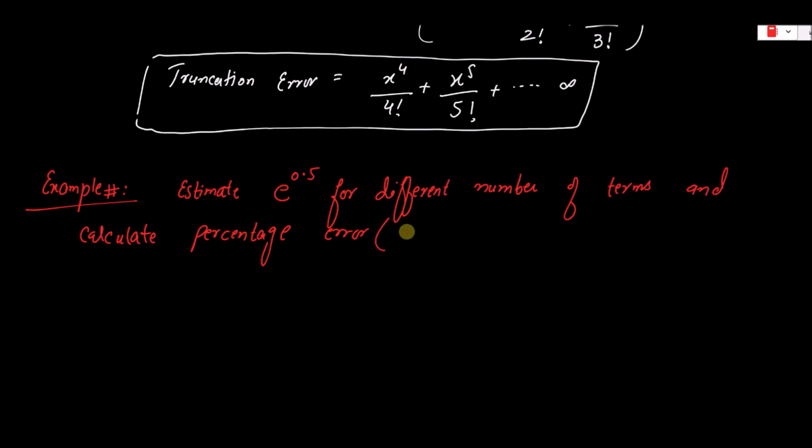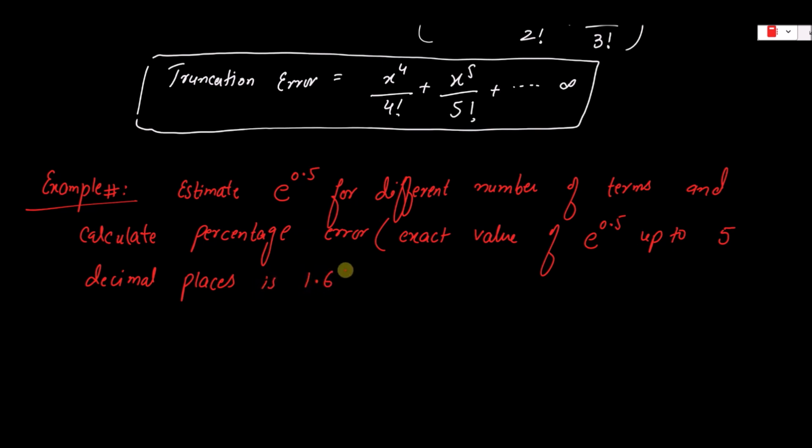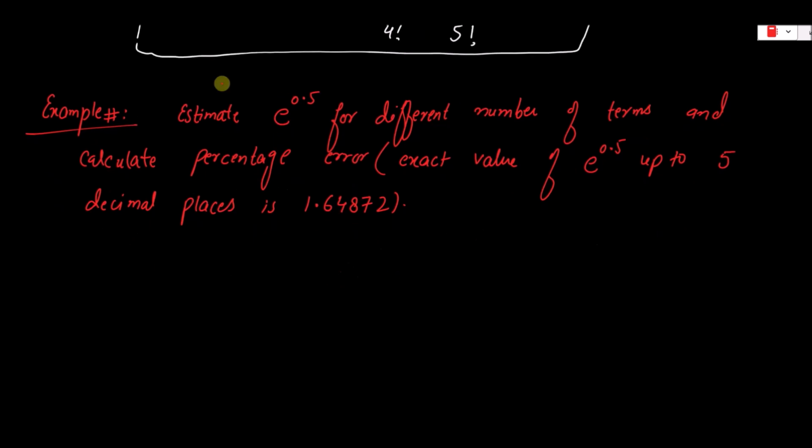The exact value of e raised to the power 0.5 is given up to 5 decimal places, and that is 1.6482. Now we are going to choose different numbers of terms and see how the truncation error is reduced by increasing the number of terms.